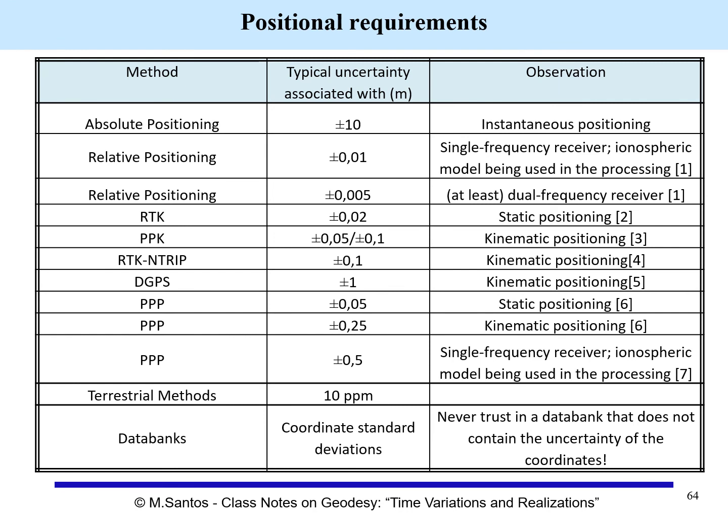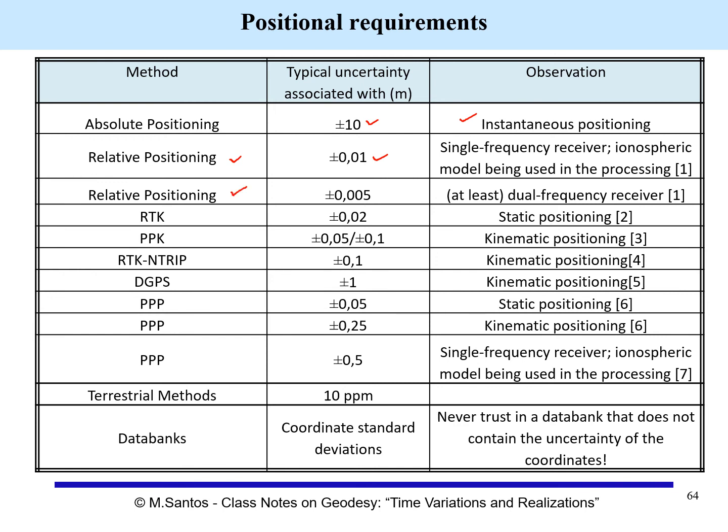Okay, now this is just a table that I find interesting because it showcases the different levels of accuracy, and I'm conservative with these. Absolute positioning, I'm putting 10 meters here. These will be pseudo range. Relative positioning at the centimeter level, using single frequency, ionospheric model being used in the processing.